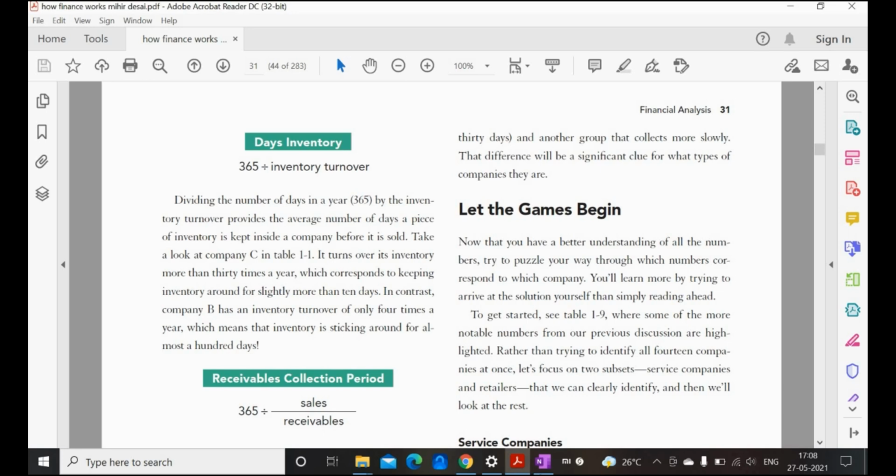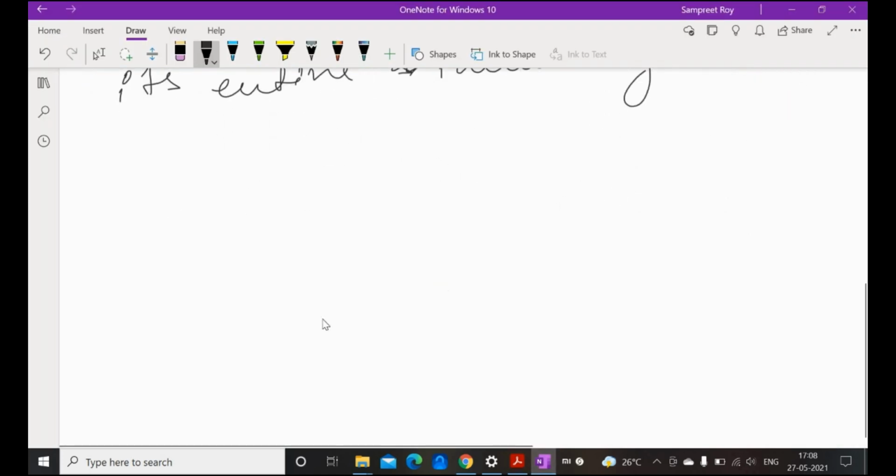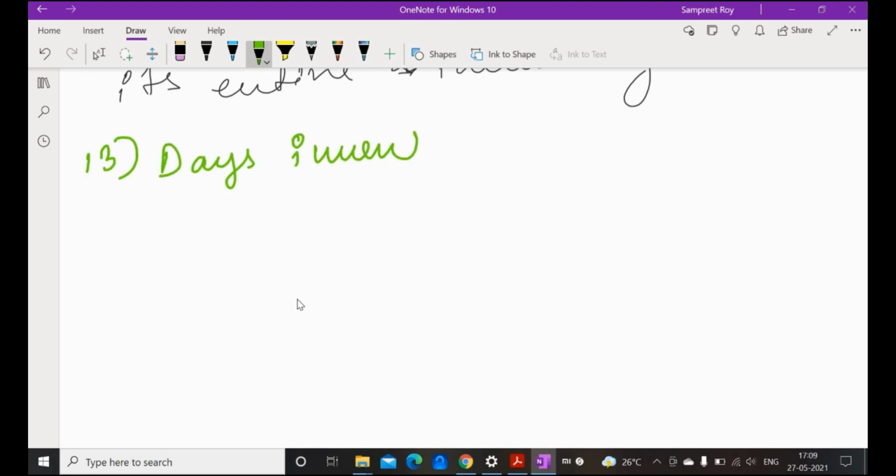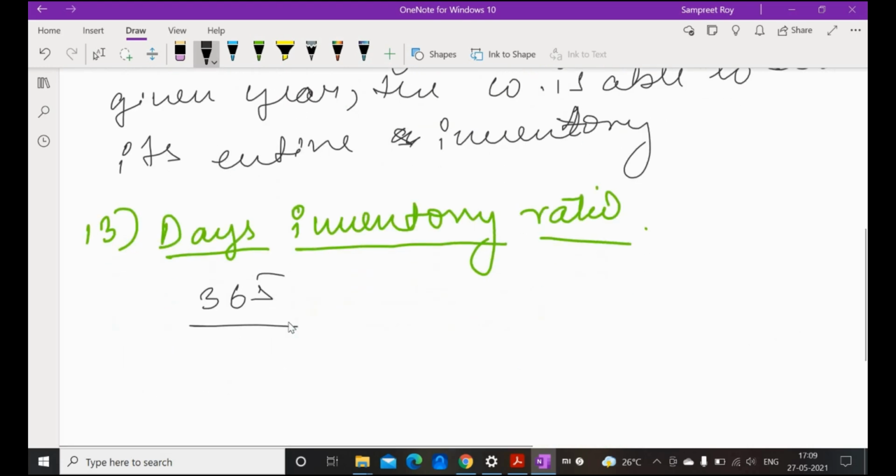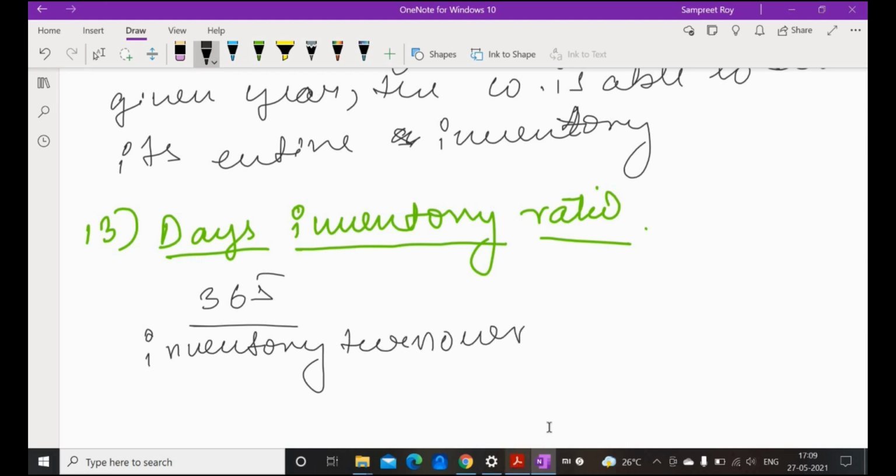Let me write it down, which is given by 365 by inventory turnover, right?